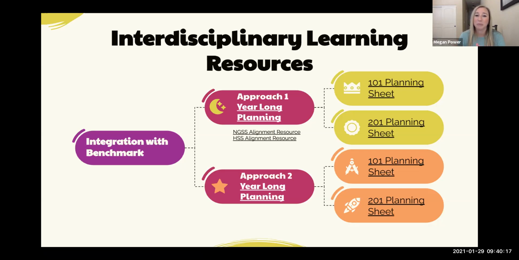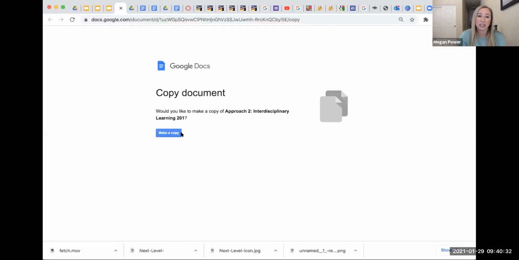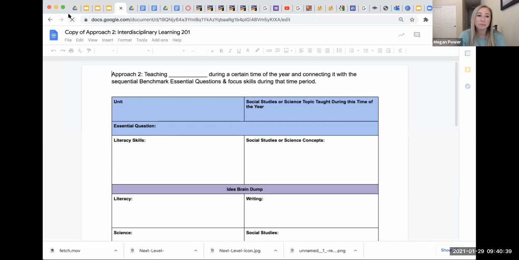So if you go and look, they've been creating a wonderful amount of content for you. But these documents can bring you to something that you can plan out the different units of study. But what we want to focus on is these 201 planning sheets. So when you click on that, it's going to make a copy slowly.